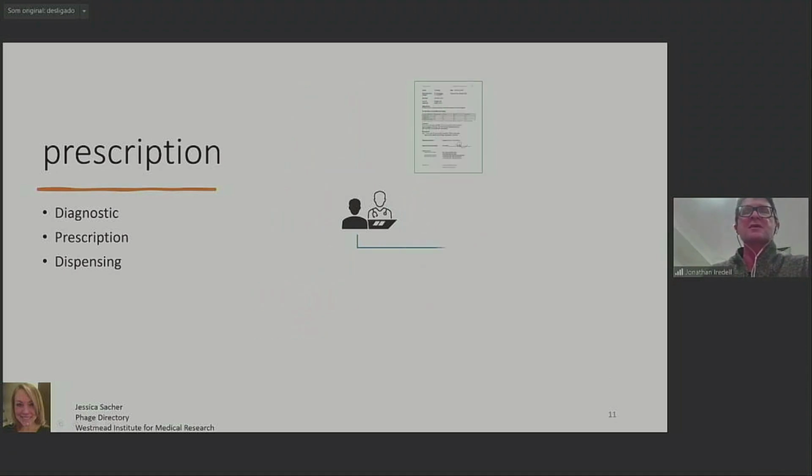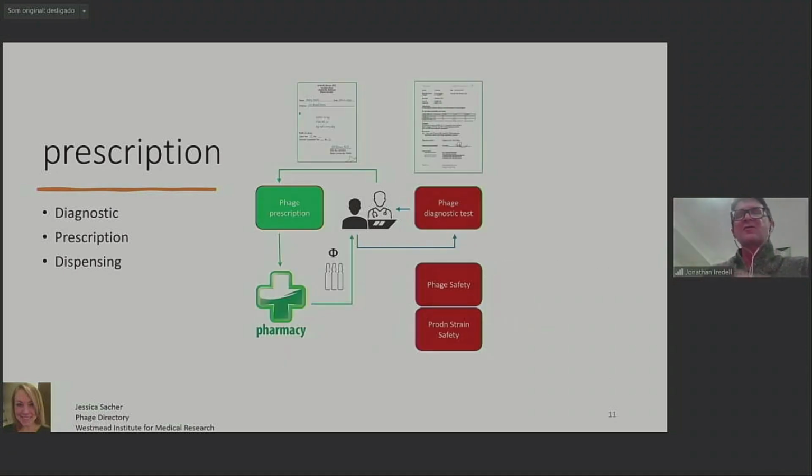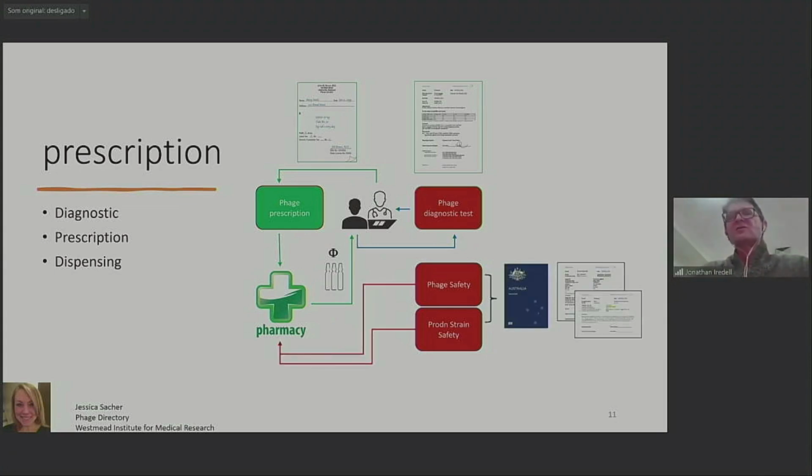The pharmacy needs to understand phage safety and production strain safety, so they need to be able to verify the product as being safe for use in humans. And we think that the phage itself and its safety, the presence of resistant genes and so forth, and the production strain that it is made in need to be regulated and certified.